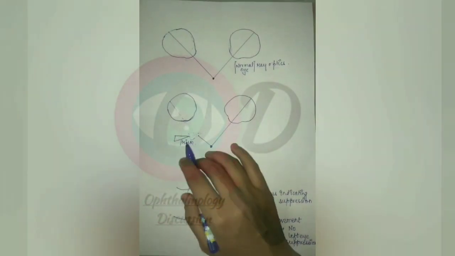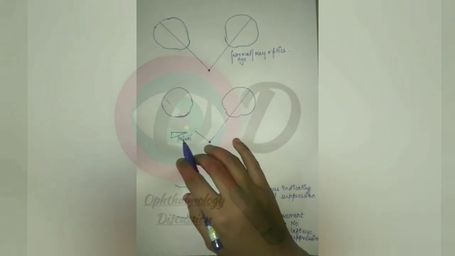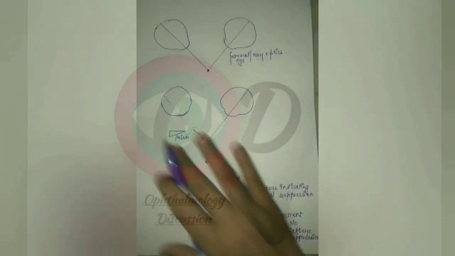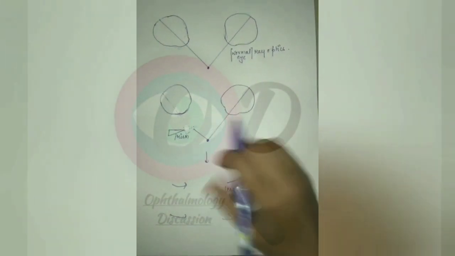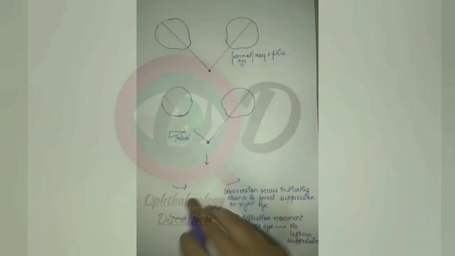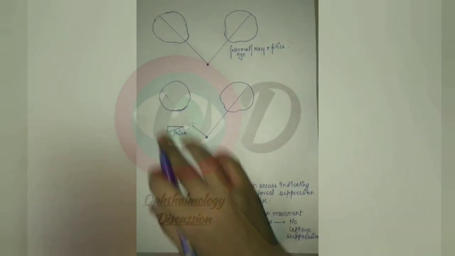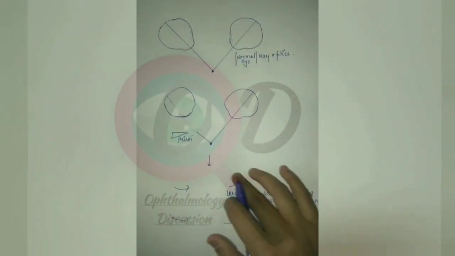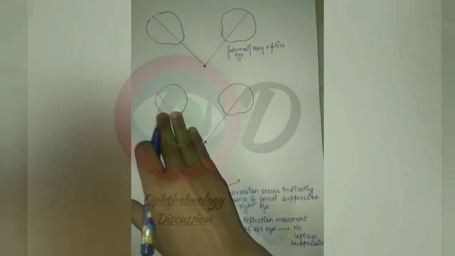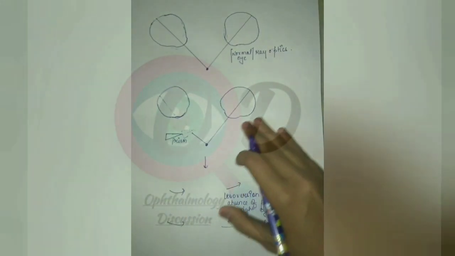So we have placed the prism in the right eye, and we see a movement of the eyes like this. What is the direction of movement? This eye moves medially and this eye moves laterally.